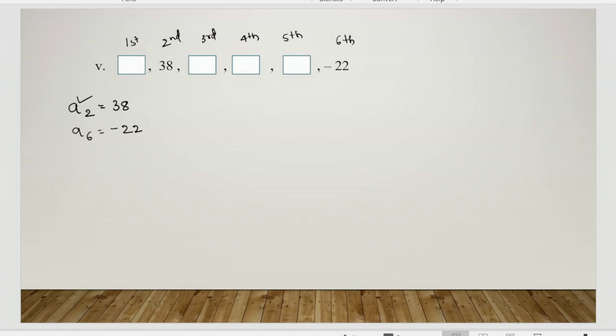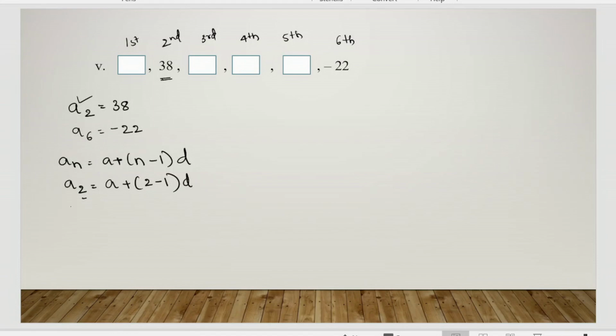So using this A2, the second term, we will find the common difference. So what is the formula? An is equal to a plus (n minus 1) d. We are using the second term, so A2 is equal to a plus (2 minus 1) d, as n is 2 here.